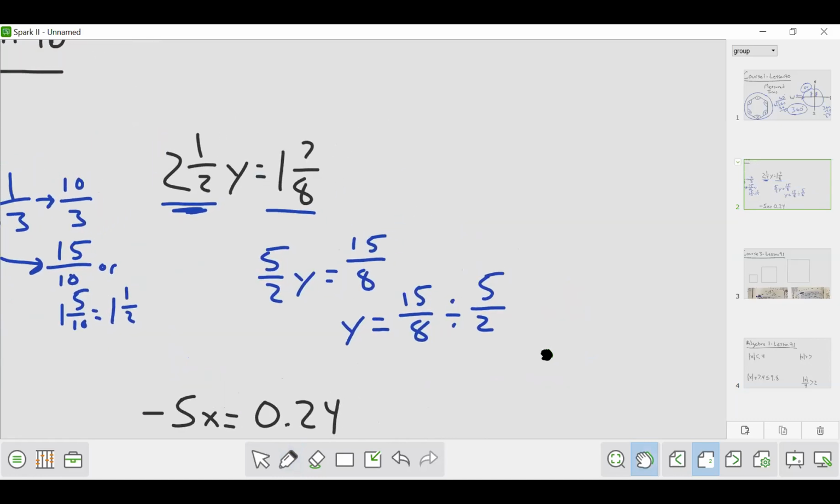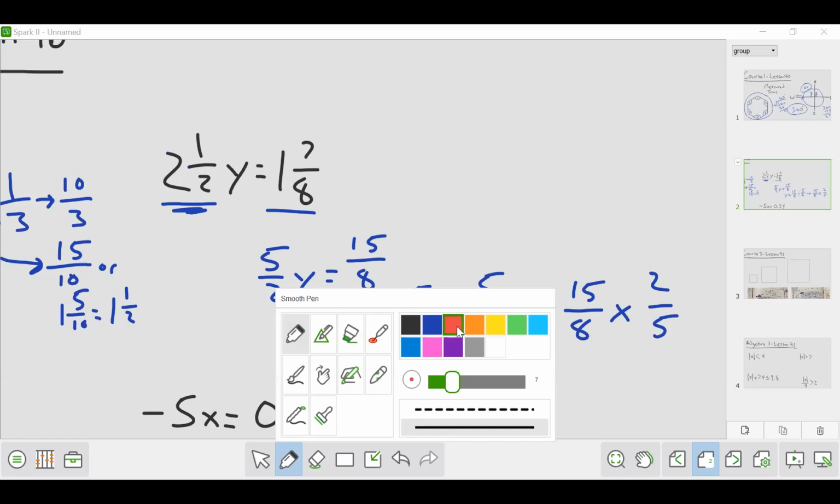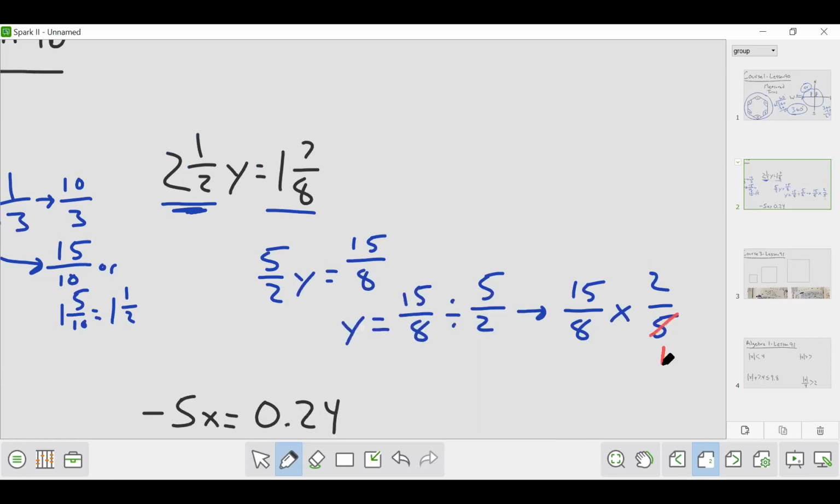And that's going to be the same as 15/8 times 2/5. Now I can cross cancel here now, can't I? Which is what I want to do. I can divide that by 5 and get a 1, and divide that by 5 and get a 3.